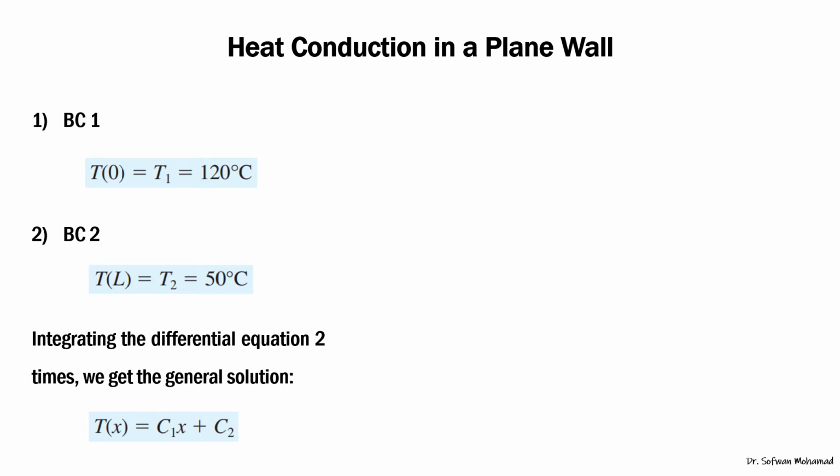C1 and C2 are constants that came out from the integration process.